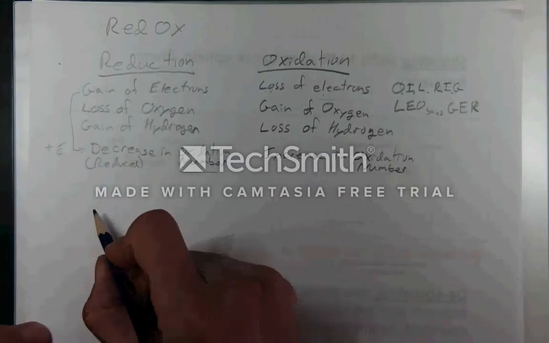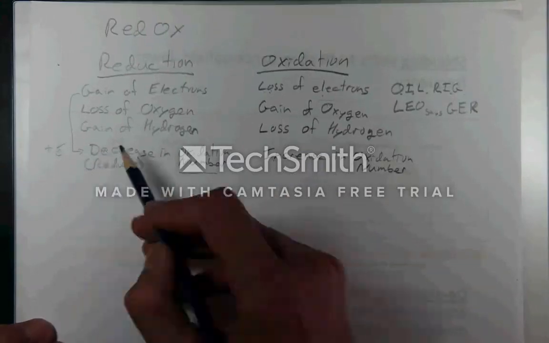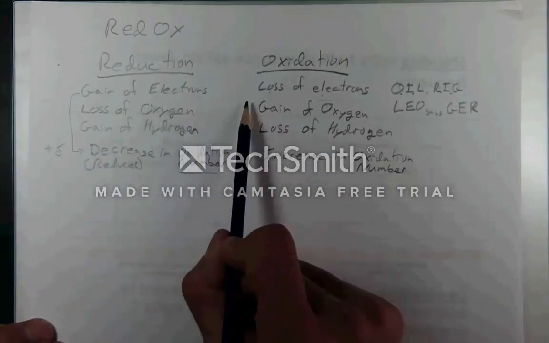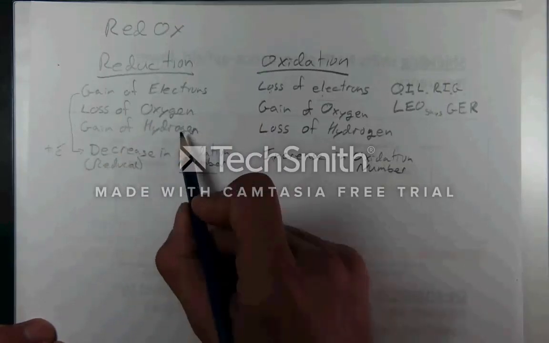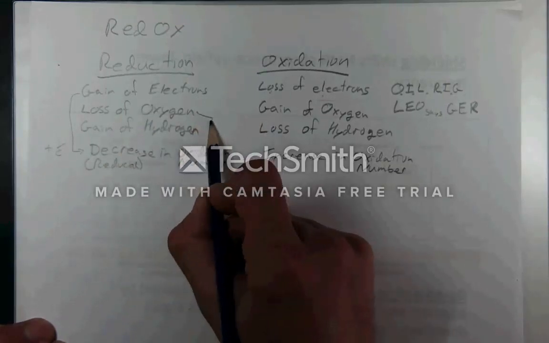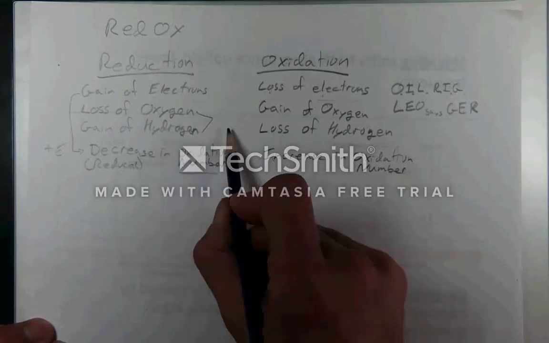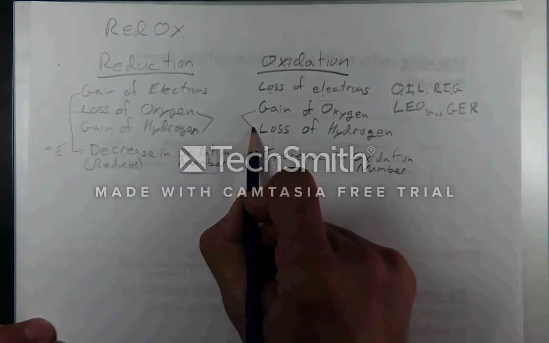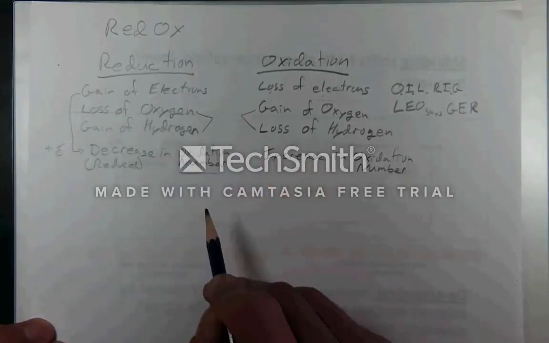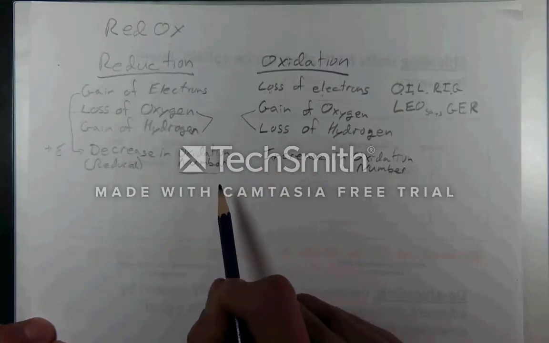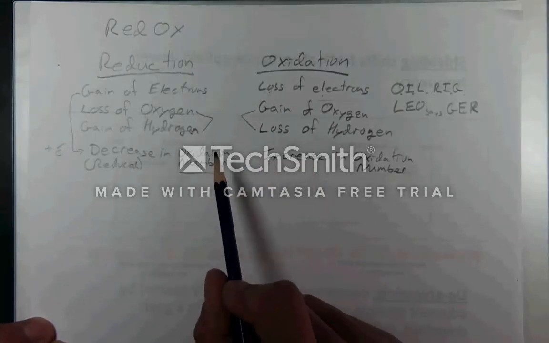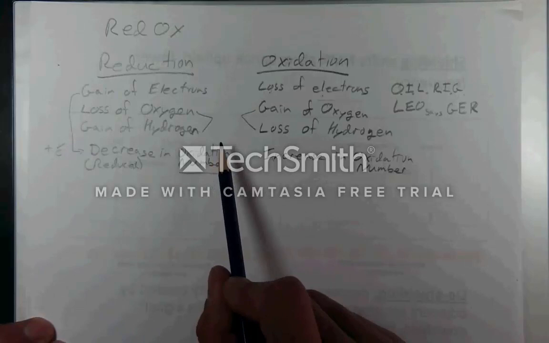Okay. So make sure you have these definitions straight. These two definitions with the loss of oxygen, gain of hydrogen, gain of oxygen, loss of hydrogen, they do not always work. But when you see them, it makes it a lot easier.